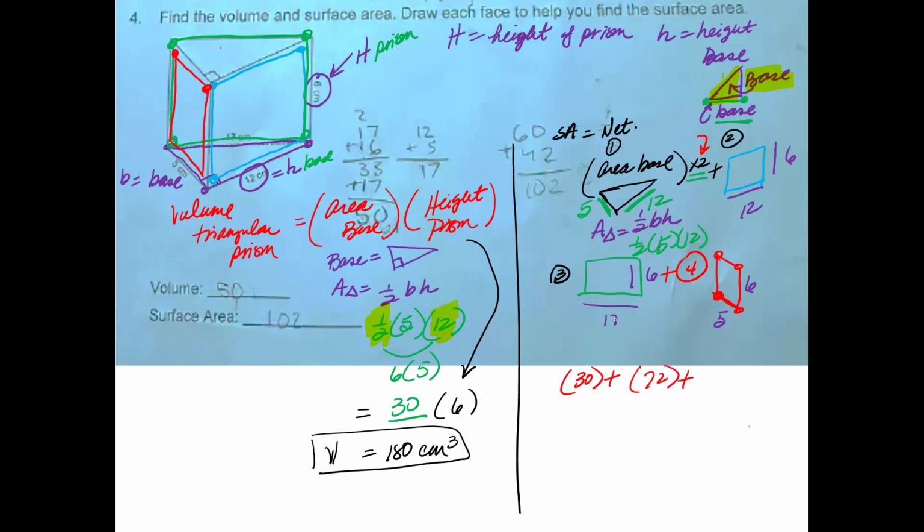Plus 12 times 6 is? 5 times 6 is? Now, these are your 5 faces. This one, remember, is 2 triangles, so there's 5 faces, right? So 30 plus, what is all of these added together?